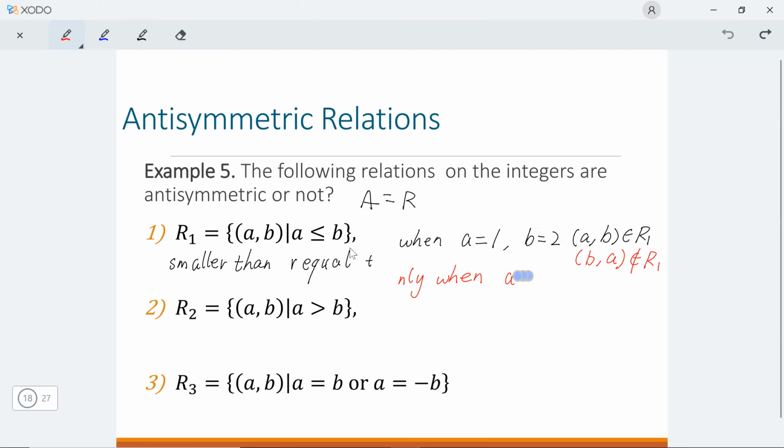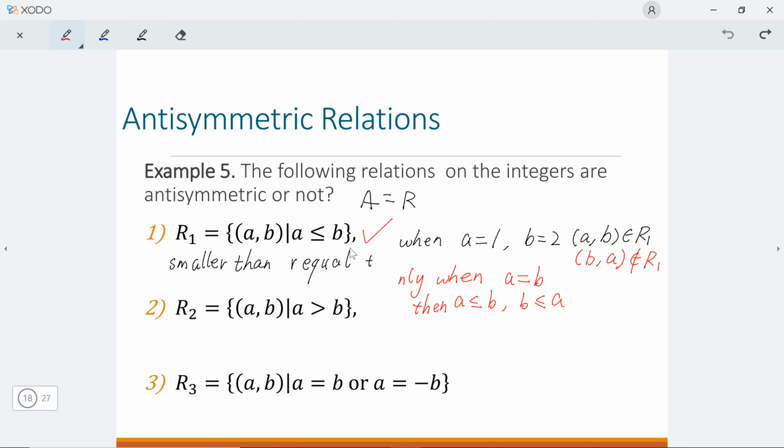This is the only case where A smaller than or equal to B holds and, at the same time, B smaller than or equal to A is also correct. This is why we say that for this example, R1 is an anti-symmetric relation.